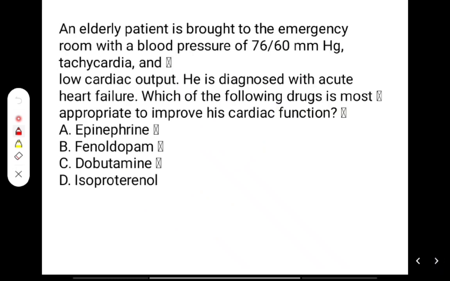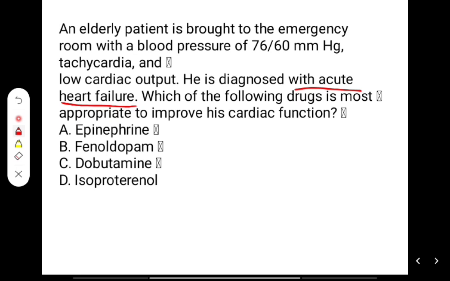An elderly patient is brought to emergency room with BP of 70/60, tachycardia, low cardiac output. He is diagnosed with acute heart failure. Now, which of the drug is most appropriate to improve his function? Among the choices, epinephrine, fenoldopam, dobutamine, and isoproterenol.